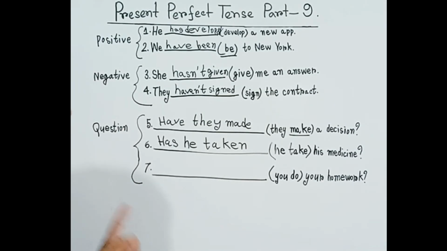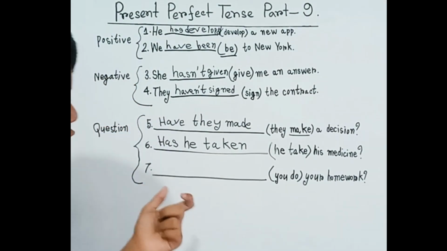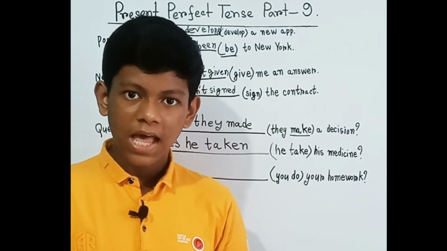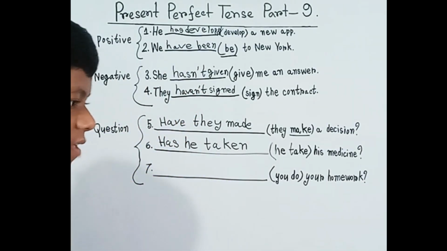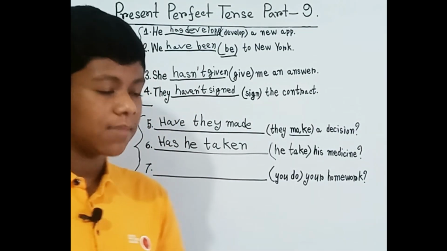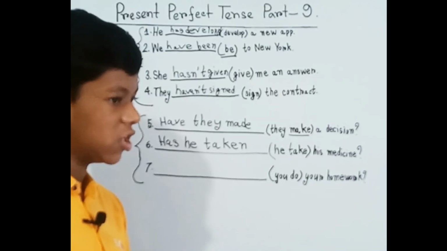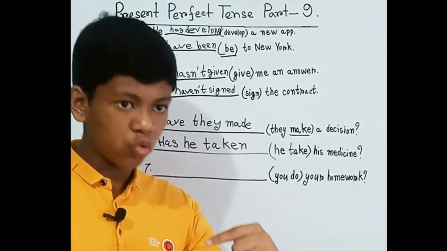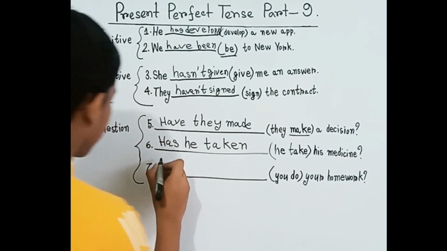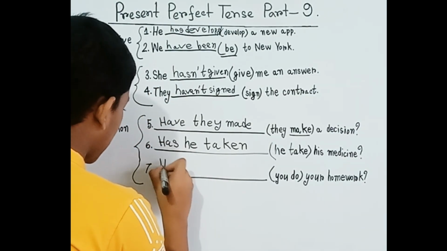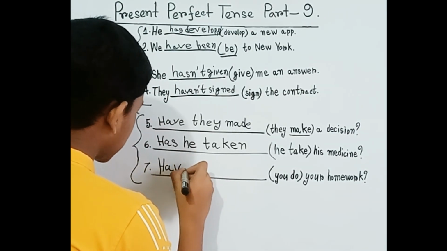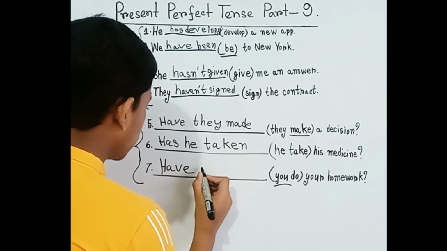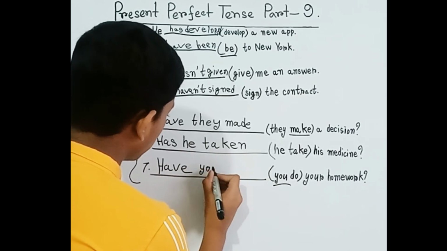The next is the last one. You do your homework. How can we make it into a question? Imagine that you have many homeworks, but you have already done this one. So we can say have. The subject is you, so we write you.